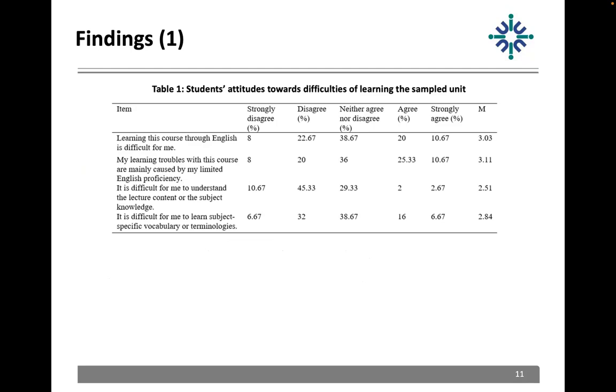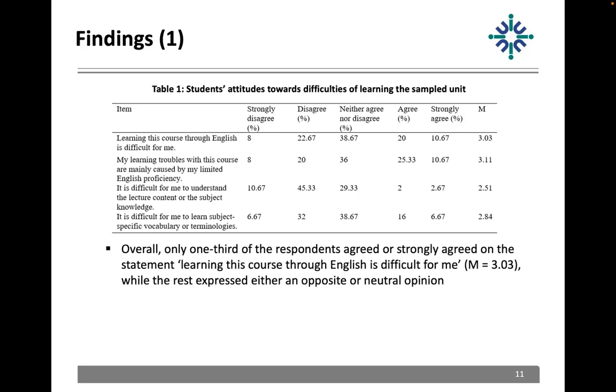So here are some major findings from our study. As you can see from table 1, about students' attitude towards the possible difficulties that could have negative impact on their study. Generally speaking, only 1/3 of the students agreed or strongly agreed with the statement, learning this course through English is difficult for me, while the rest expressed either an opposite or neutral position.